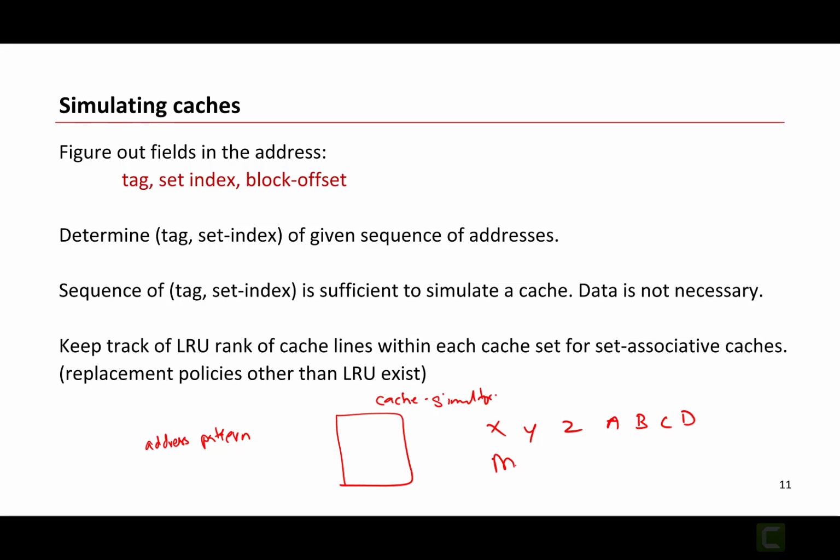So the cache simulator basically says some of them are hits, some of them are misses. I'm just randomly assigning these, they don't have any meaning. But basically a cache simulator for a given address pattern will be able to say which one of these addresses is a hit or a miss. So that's what a cache simulator does for a given cache configuration.